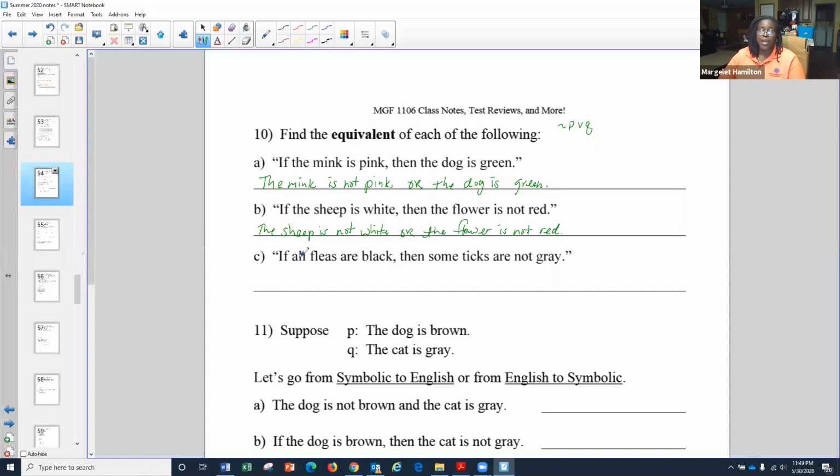So when we rewrite this, we have all fleas are negates to some fleas are not. So some fleas are not black, or some ticks are not gray.